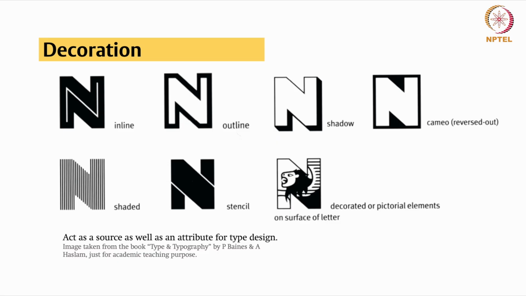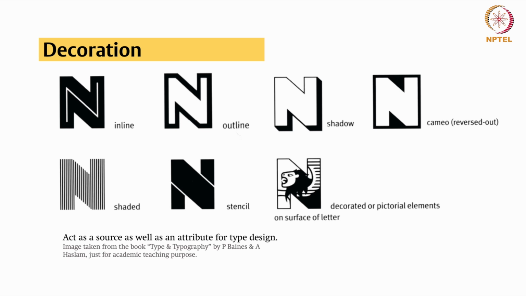For example, in some decorative typefaces, there is inline, which is the first example on the screen, the thin line running inside the strokes of the letter, or outline, the second example, where the letter's border is defined but the inside is hollow. These treatments are added to give an engraved or 3D effect.